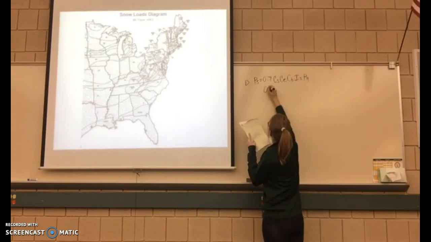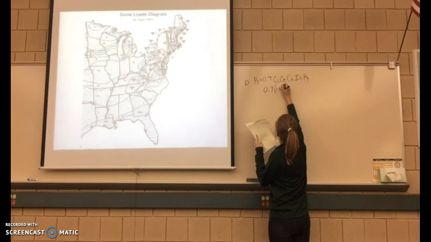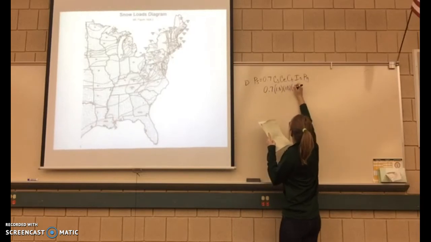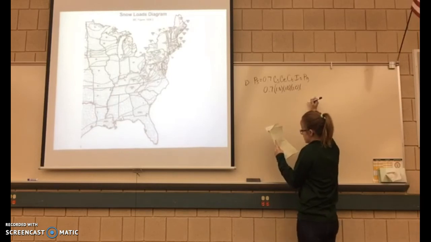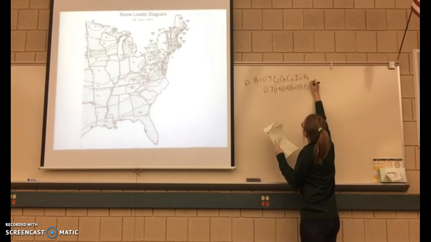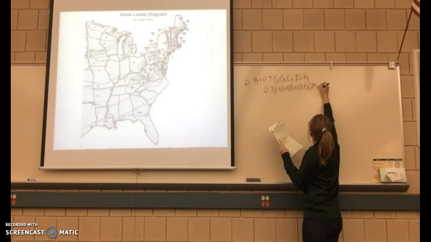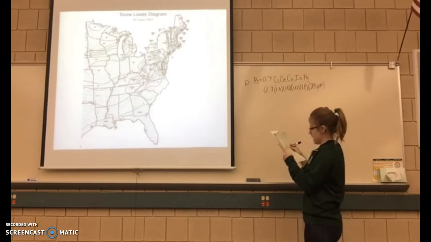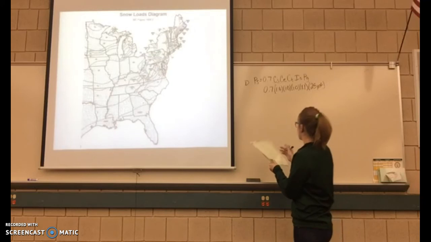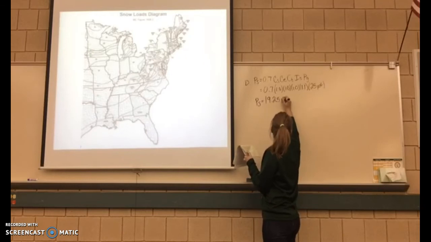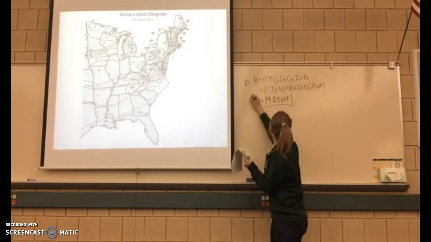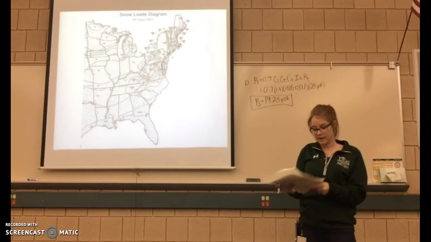Let me plug those in. 0.7 times 1 times 1 times 1 times importance factor, which was 1.1, times 1, PG at 25 pounds per square foot. Okay? Multiply that all out. I get a PS of 19.25 pounds per square foot. Give it a nice circle so I can easily find it.